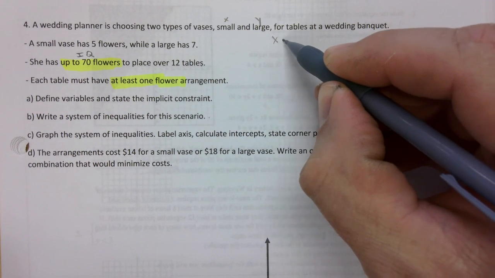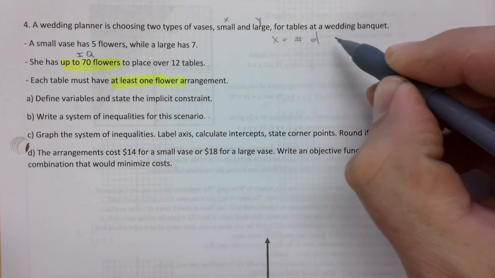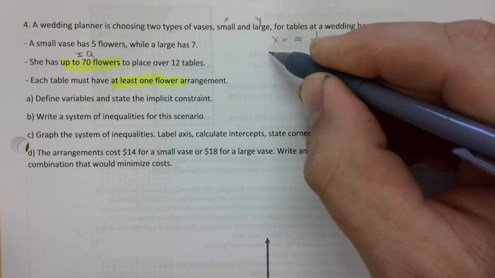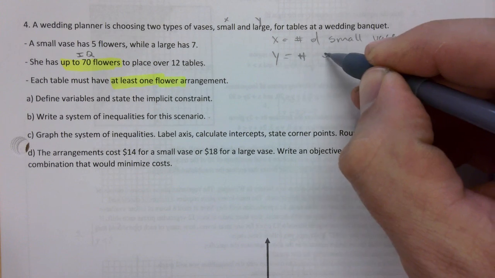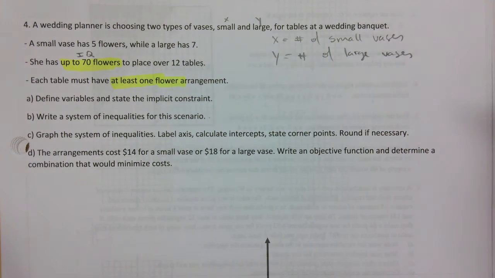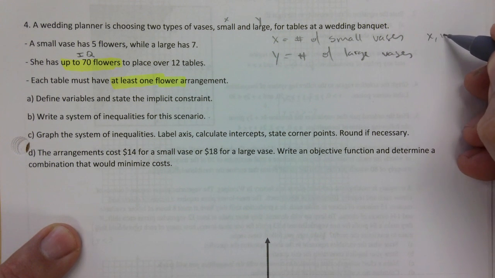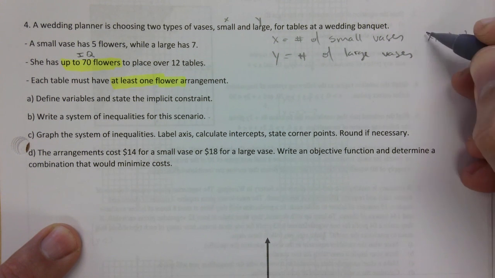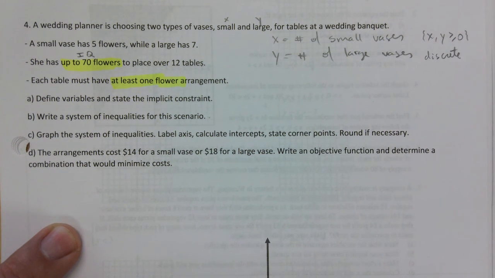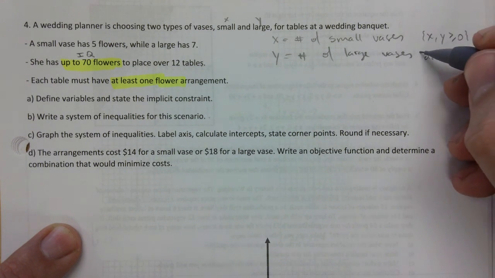We'll let x be the number of small vases. Y is going to be the number of large vases there. And the implicit constraint, we're going to take care of that. And we definitely know that this is discrete, right? It's the number of items, right?